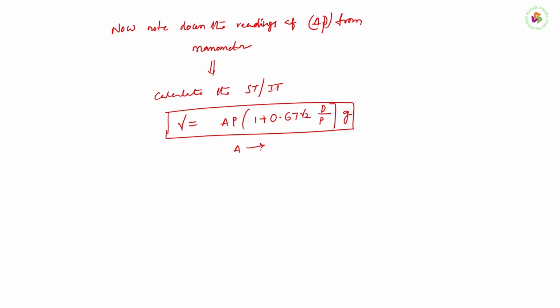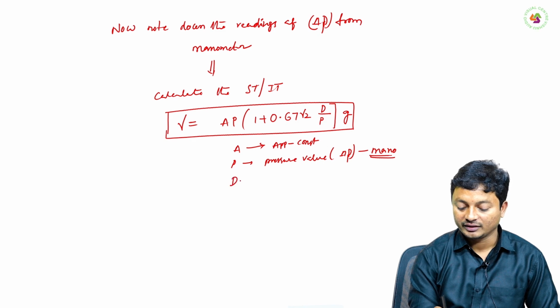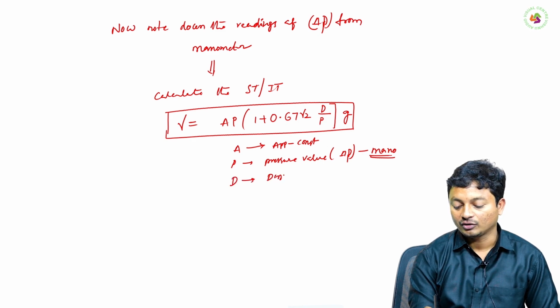In this, A is the apparatus constant, P is the pressure value, that is the delta P value, which we can get from the manometer. Here D is the density of the sample.